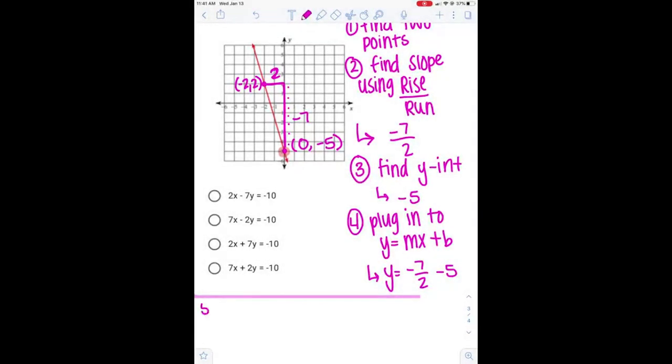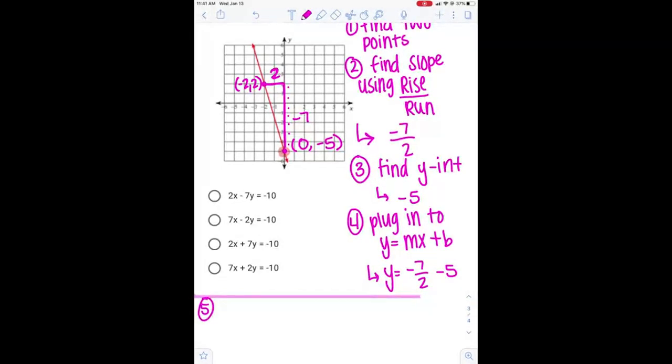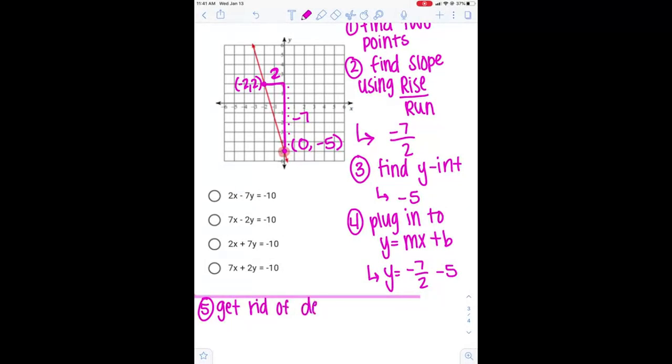So here's where the steps kind of differ. So we're going to get rid of the denominator on the slope. And we're going to do that using multiplication. Because -7 over 2 is division, so to undo that, we use multiplication.